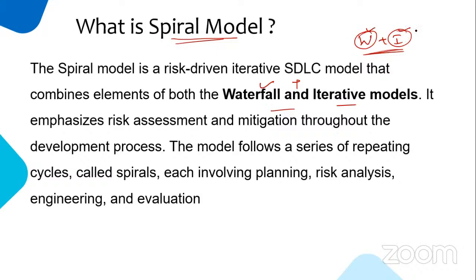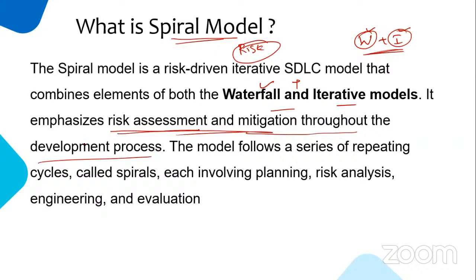When we merge them, definitely it is going to be helpful for us. Spiral model, specifically how it works is, the keyword is risk management. See, risk assessment and mitigation throughout the development process.